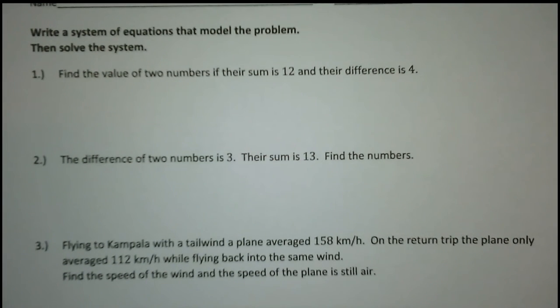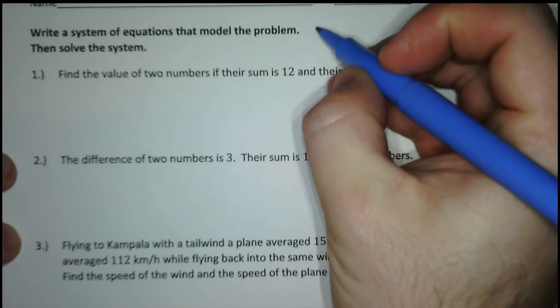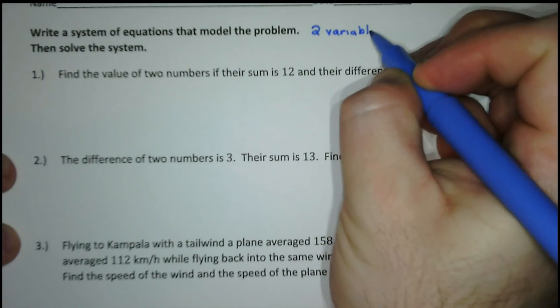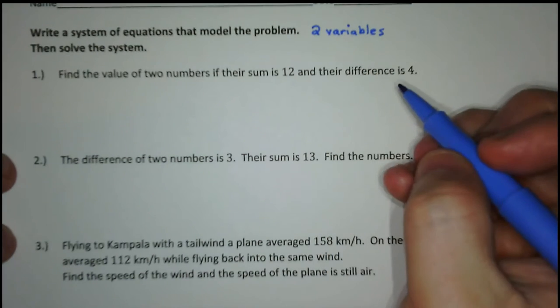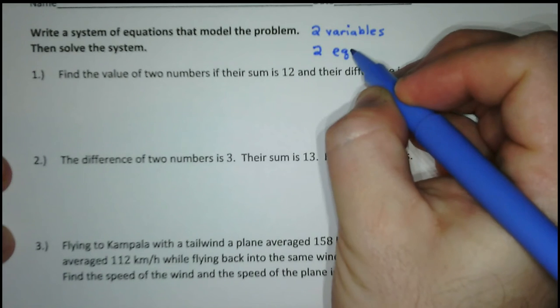Just to kind of double down on what's going on behind the scenes, in these story problems, there's going to be two unknowns. In other words, there's going to be two variables. And when there's two unknowns, you're going to usually need two equations.